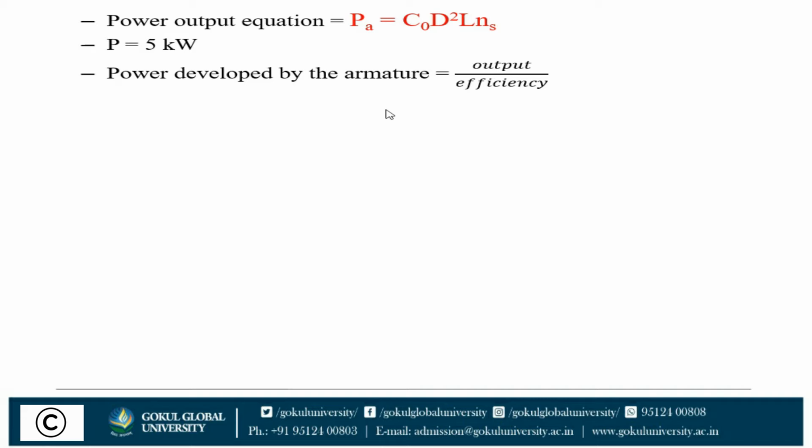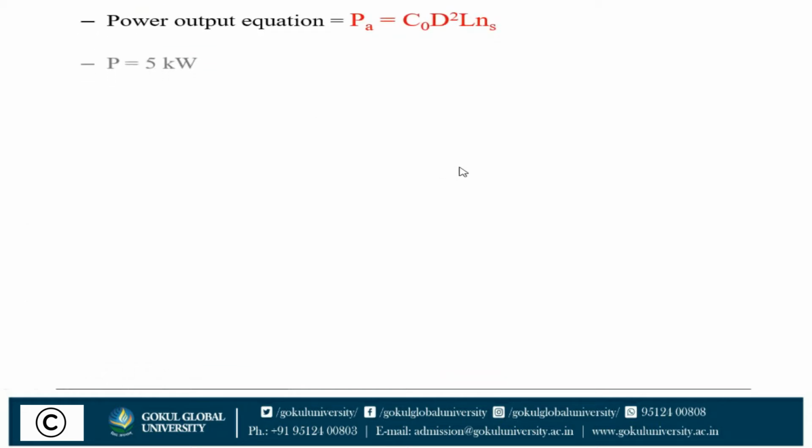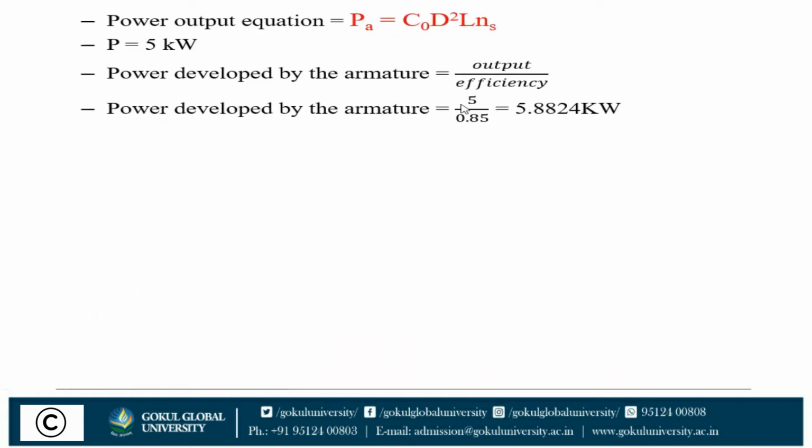Your output power is 5 kilowatt and your efficiency is 85%, so the value of efficiency is 0.85. 5 divided by 0.85 is equal to 5.882 kilowatt.